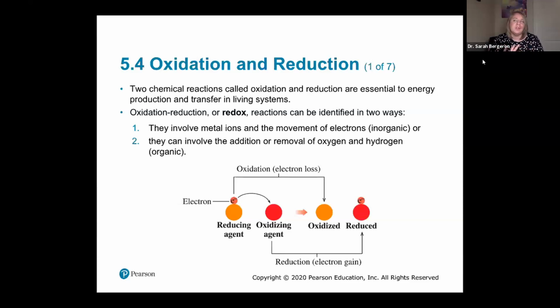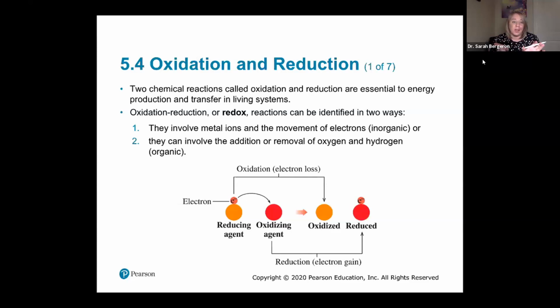When you're looking to identify whether an oxidation reaction is occurring or not, you need to look at a couple of different things. If we're looking at metal ions, remember when we had an ionic compound, a metal and a non-metal, if we have that metal ion, we're going to see a movement of electrons. One substance is going to have electrons, and it's going to transfer electrons to another substance.